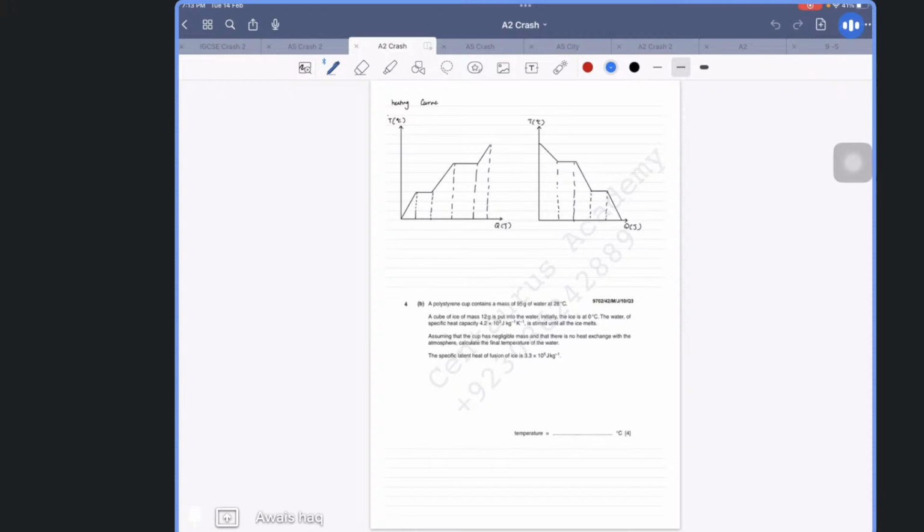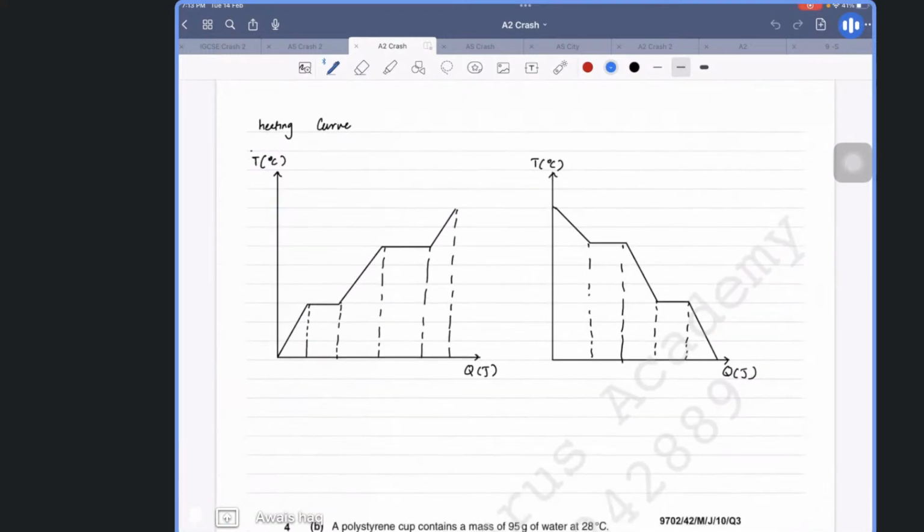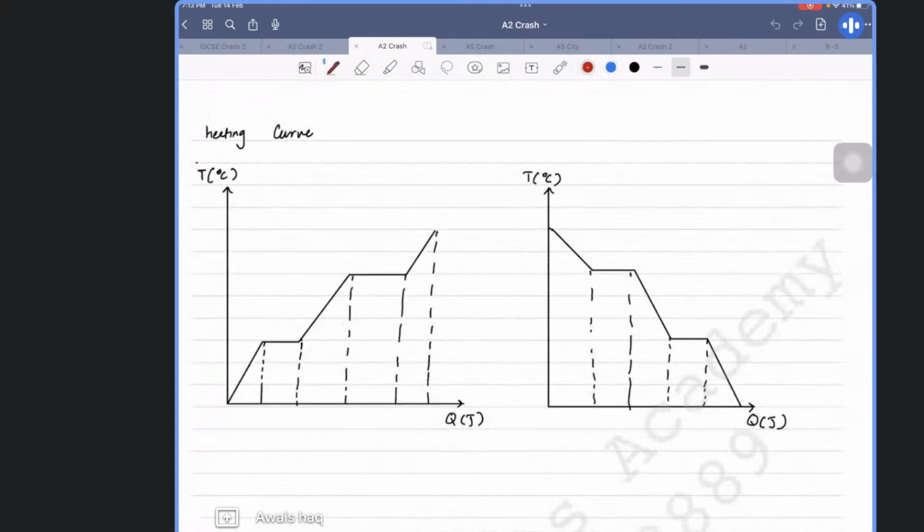Okay. Now, about heating or cooling curves. Now these are not important, right? The reason is that it's optional to draw these. But I would say that if you are drawing them, that's a plus.